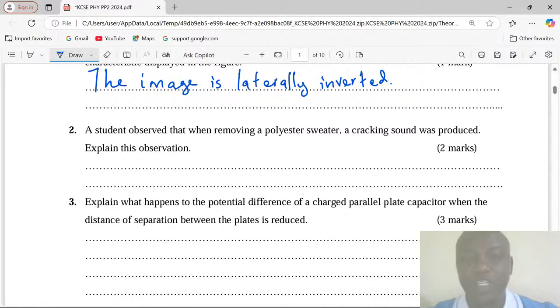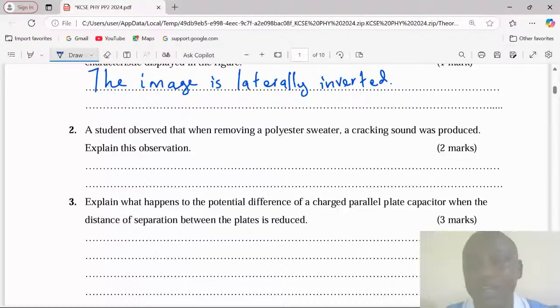A student observed that when removing a polyester sweater, a cracking sound was produced. Explain this observation. What is leading to the production of a cracking sound? Actually, there are also some sparkings; some sparks tend to be produced.